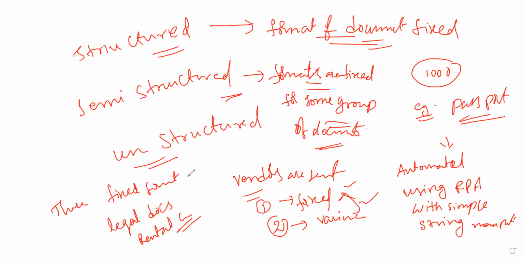When it comes to legal documents or rental agreements, it will vary from person to person and based on how they follow. So these are the categorizations of documents based on structure.